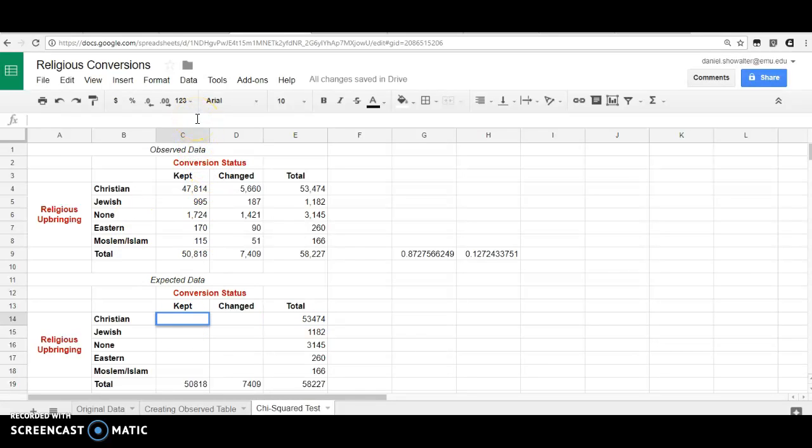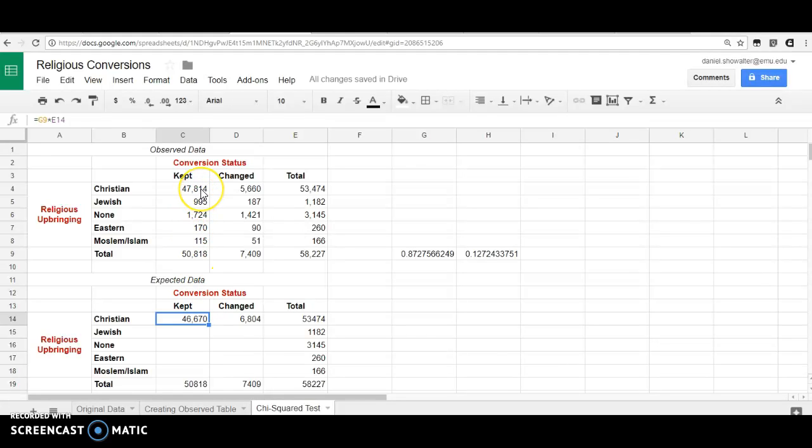So to get these numbers then, we would just take 87.3% of the 53,000 Christians we have in our database, and we would do the same thing. Let's go ahead and do that. Equals H9 times total there. So we would expect 46,670 to keep their religion, 6,800 to change.